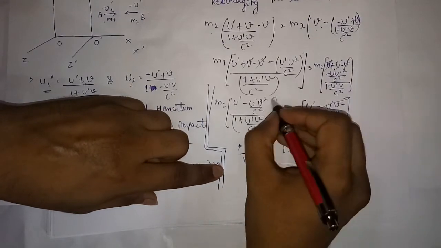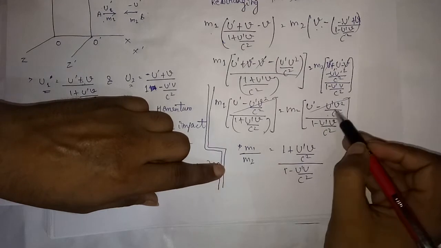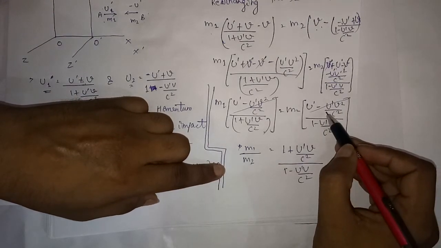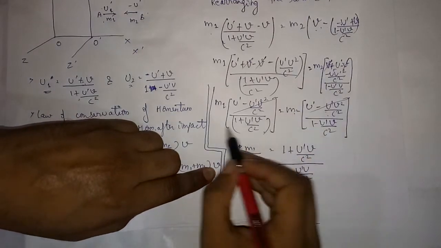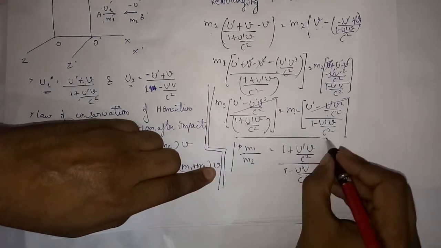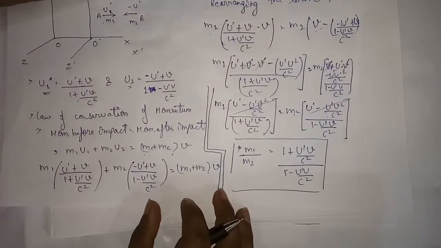Both the numerators cancel out each other because they are the same. This portion goes in the numerator on the right hand side and this m2 comes in the denominator on the left hand side. So till now we have found this expression. Okay, now we have to go further.